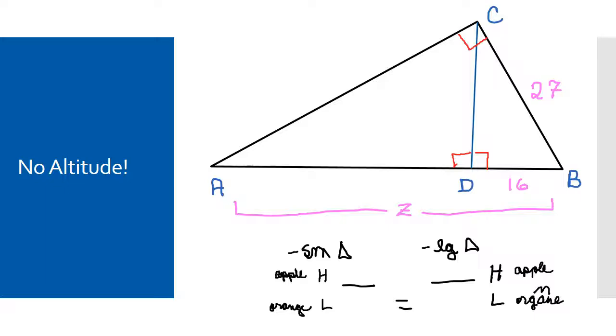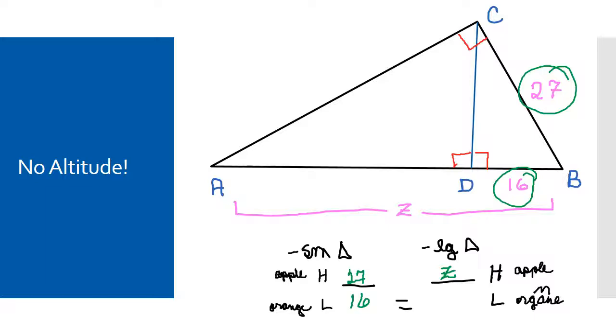I'm going to take a look at the smaller triangle. I'm going to do the hypotenuse first, which is going to be 27. Then I'm going to do the leg, which is 16. And then I'm going to do the hypotenuse of the larger triangle here, which is going to be Z. And then in the smaller triangle, notice we use the small leg here, the 16, small leg.